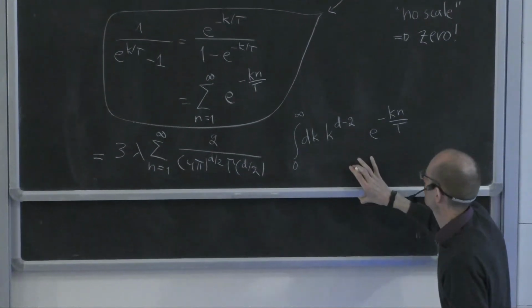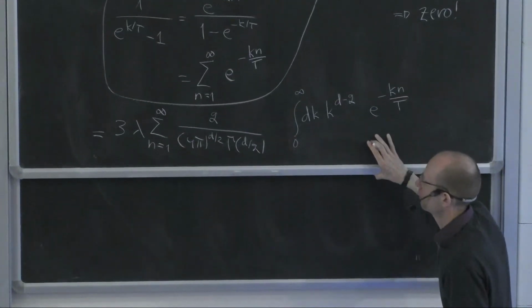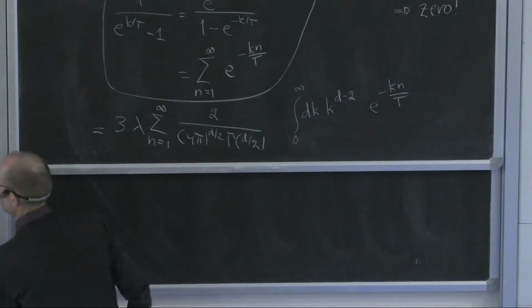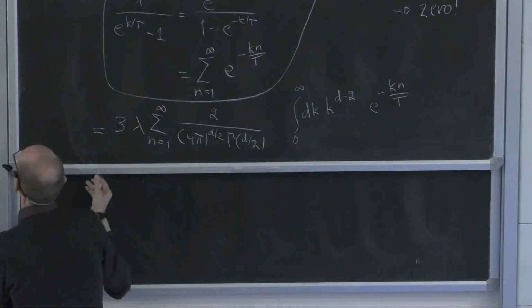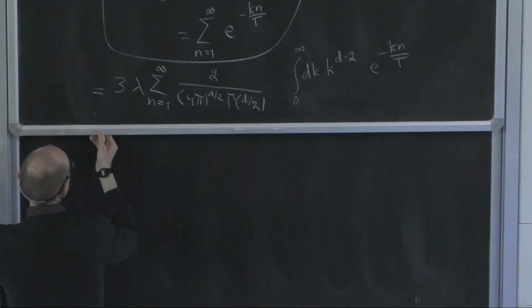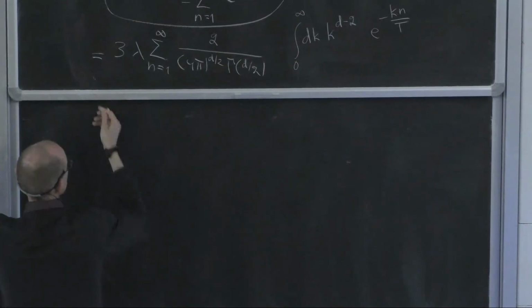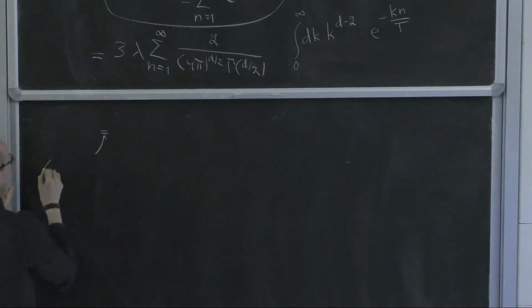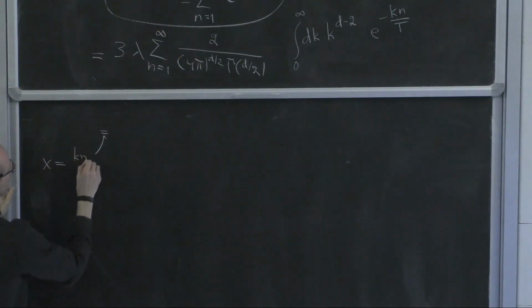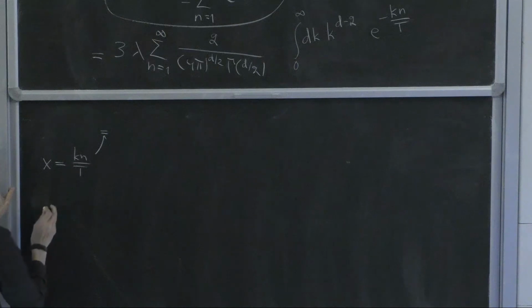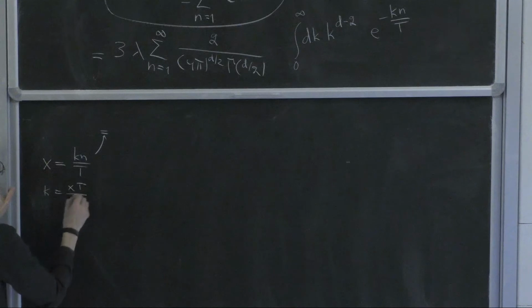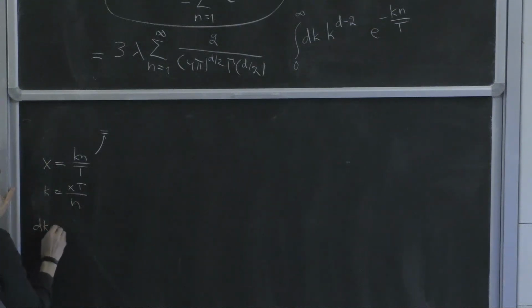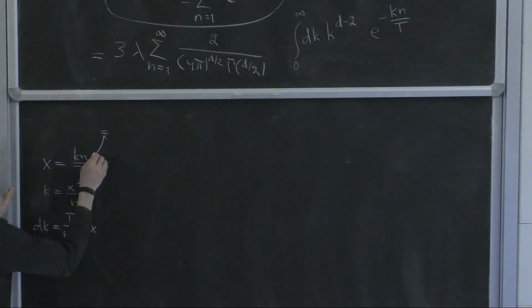It's almost a defining integral of the gamma function. And we can make it look like the gamma function by now rescaling variables. So let me denote by x, then k n over t, and therefore k is x t over n, and dk is t over n dx.